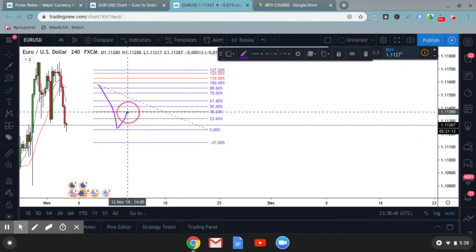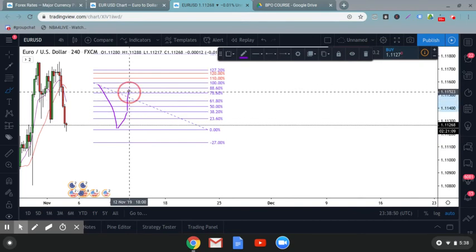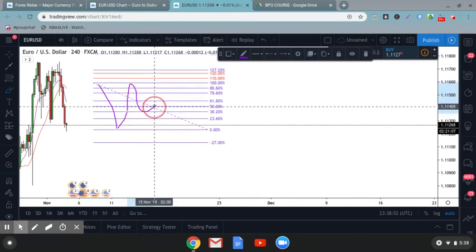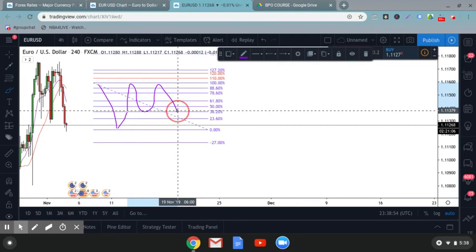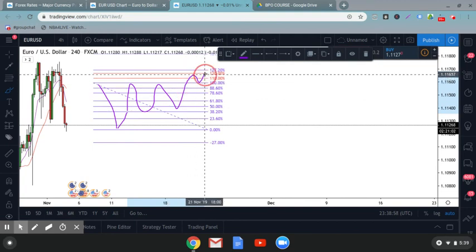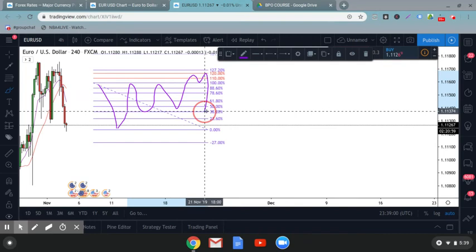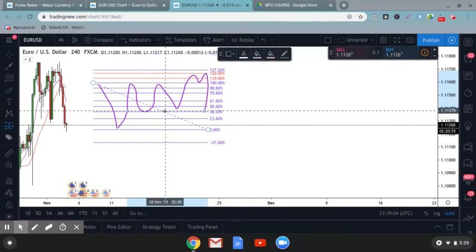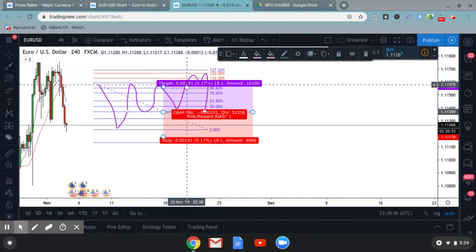Worst case scenario, we have all of this room to mess up in, right? All of this room to mess up in, okay?